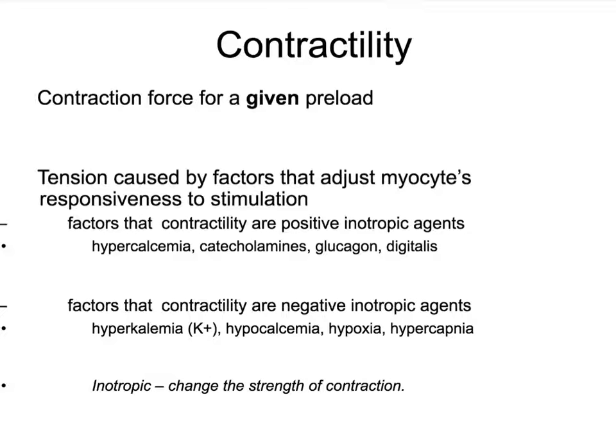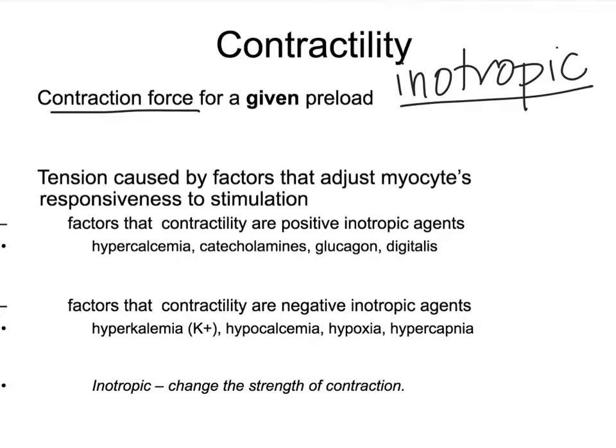Now, contractility is contraction force. Things that are going to change contractility are called inotropic agents. They change the strength of the contraction. Ino is muscle. So I have tension caused by factors that adjust the myocyte's responsiveness to stimulation.